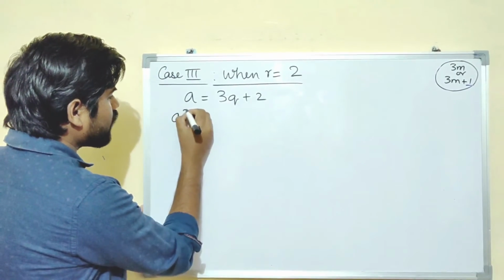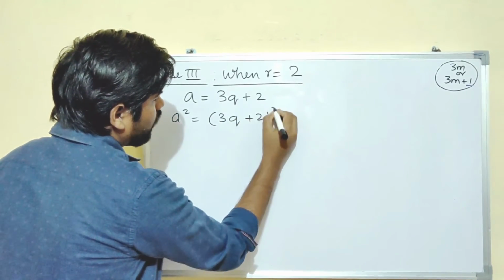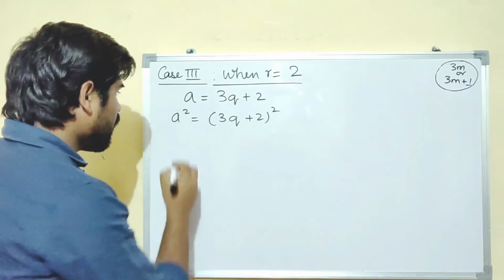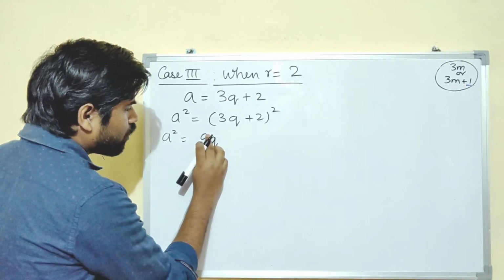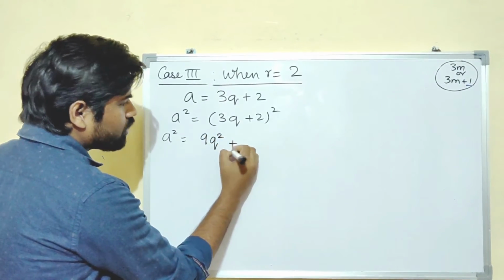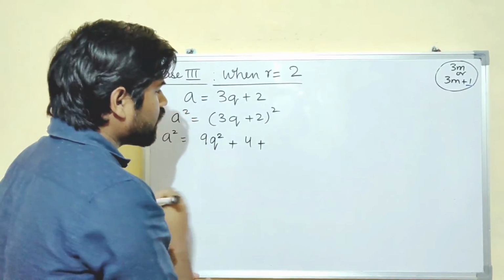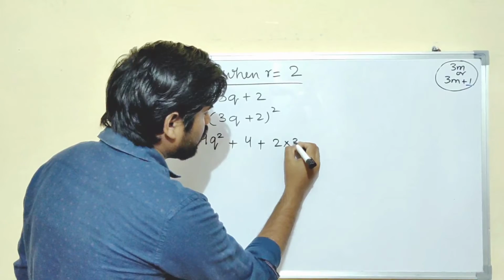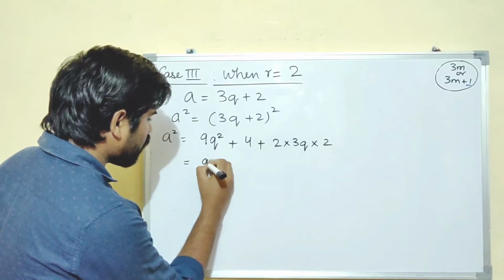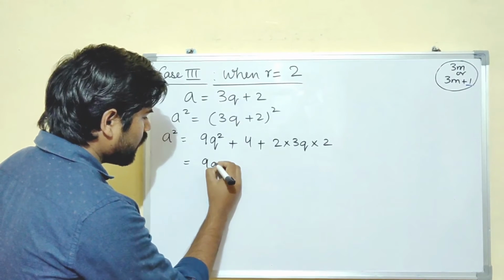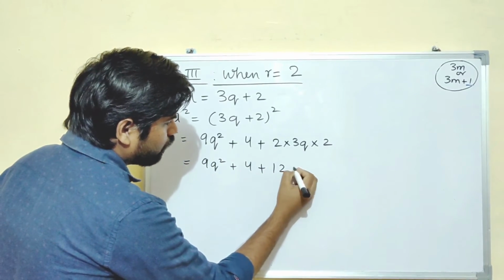On squaring it, we will get a square equals to 3q plus 2 whole squared, which will be a square equals to 3q square is 9q squared plus 2 squared is 4 and 2ab is 2 into 3q into 2, which will be ultimately equals to 9q square plus 4 plus 12q.